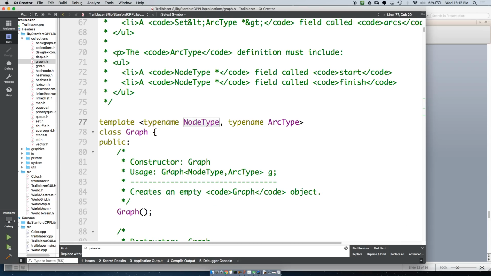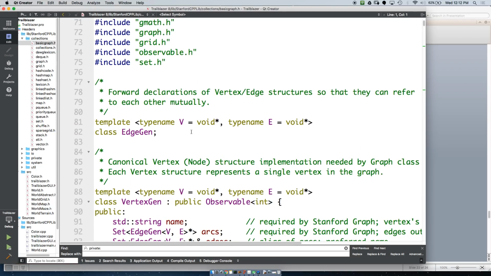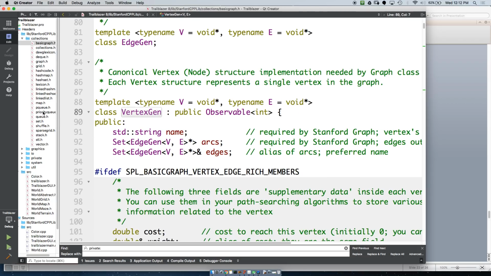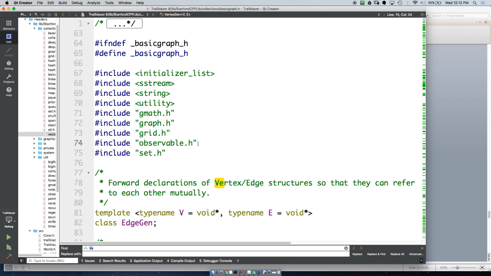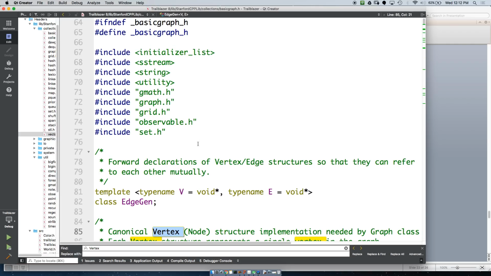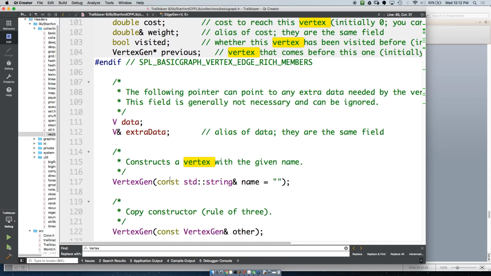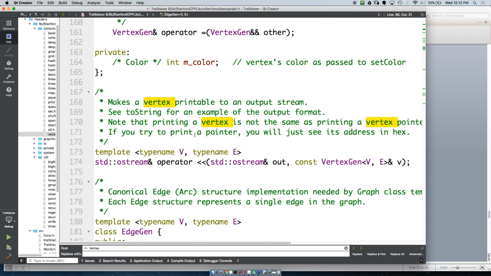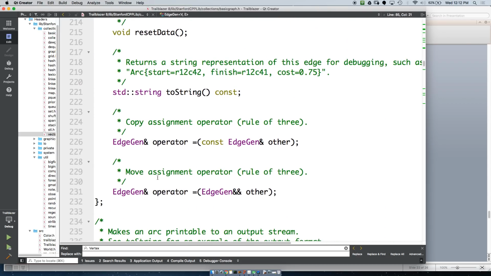The idea behind this is, when you go to basic graph, and look at a vertex, you'll see that it has a list of edges associated with it.